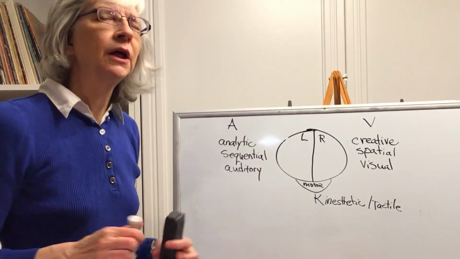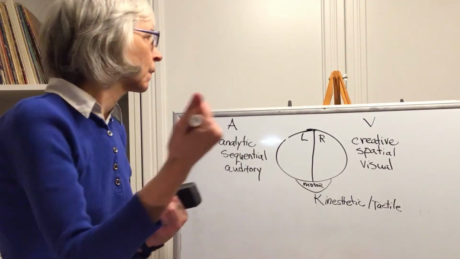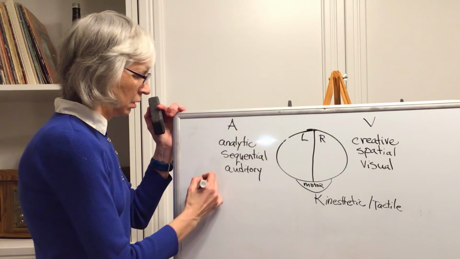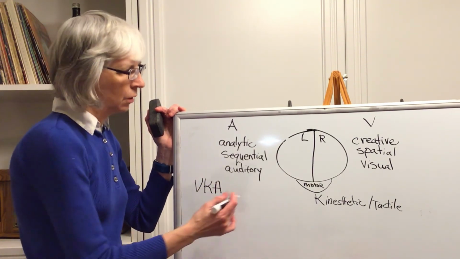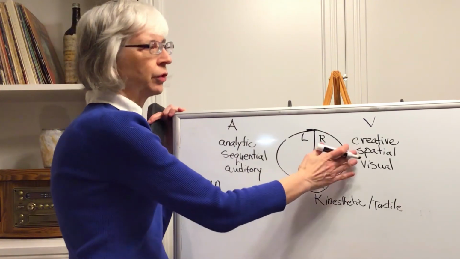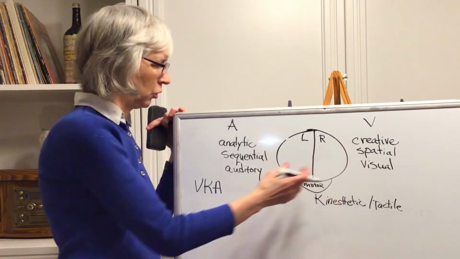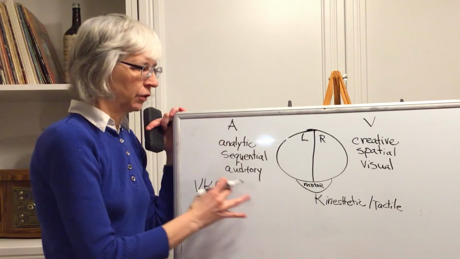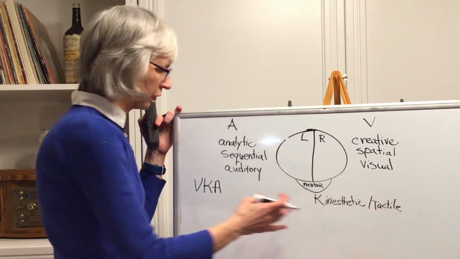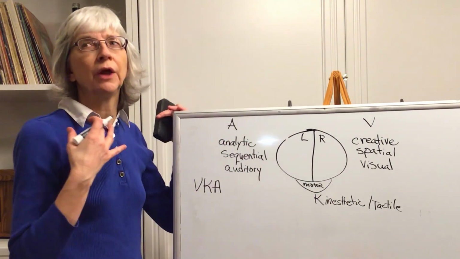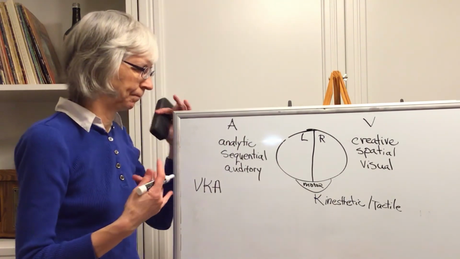Now this VKA learner is going to be strongest on their creative visual side, weakest on the analytical spectrum, and then their kinesthetic or tactile modalities will be their bridging modality.